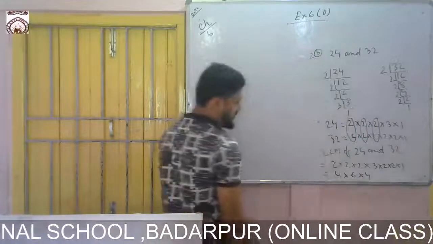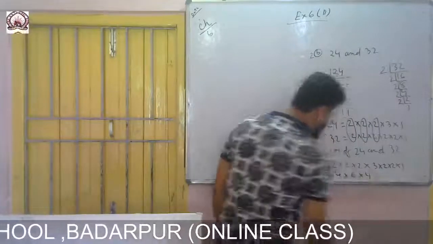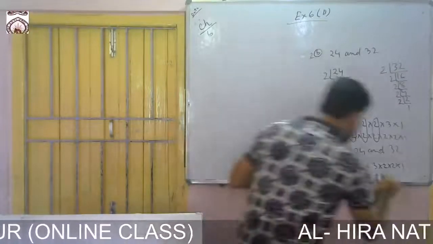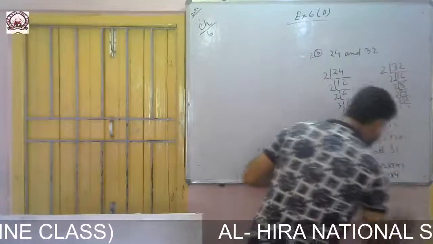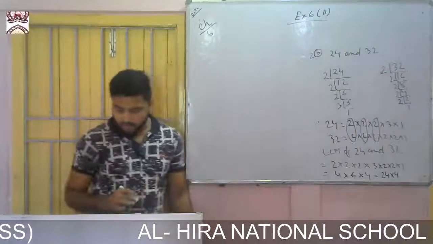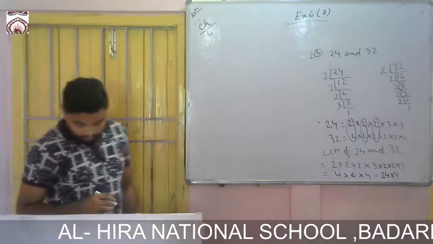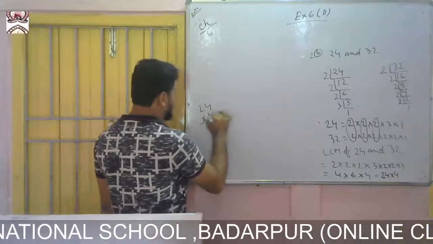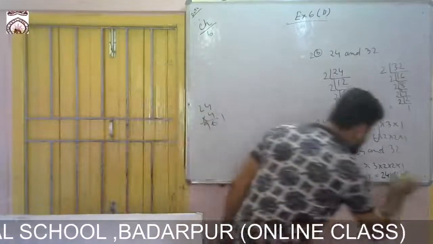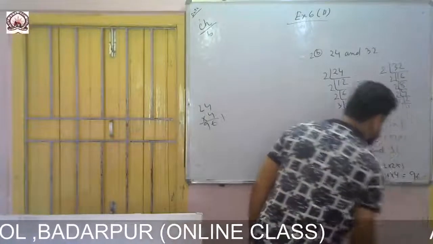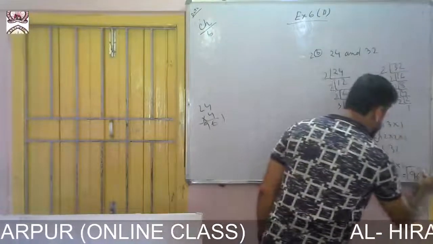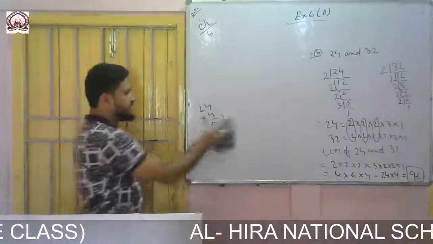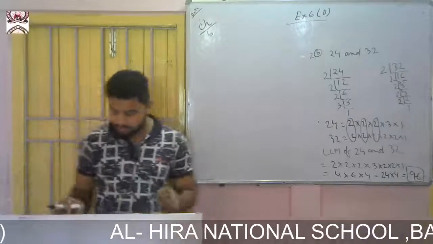Now 6 4s are 24, 24 into 4. 4 2s are 8 and 1 is 9, so it is 96. So this is the LCM, 96.